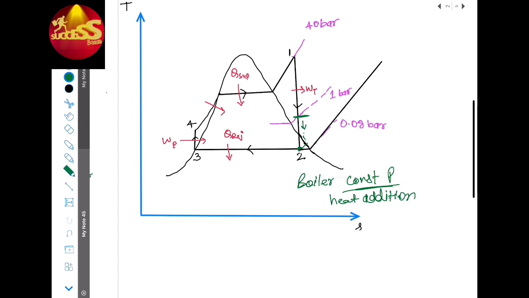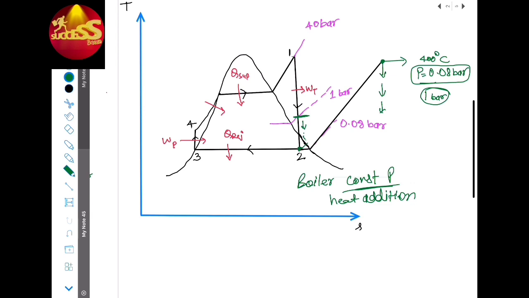Your end temperature is, let's suppose, about 400 degrees Celsius, but still the pressure is 0.08 bar. Now how will you get the expansion again with a pressure of 0.08 bar when the atmospheric pressure is 1 bar? How will you get this expansion? This is not possible. So this is ruled out.